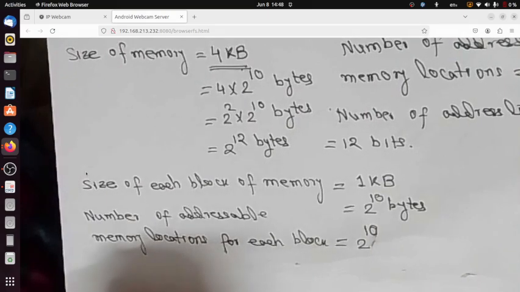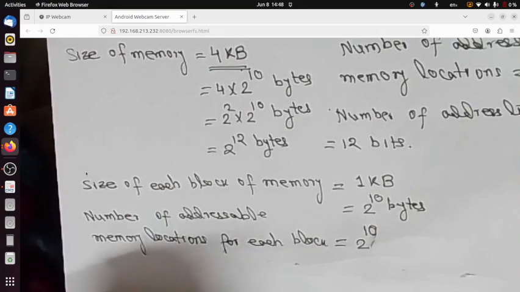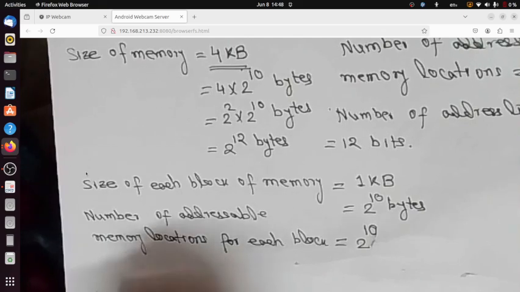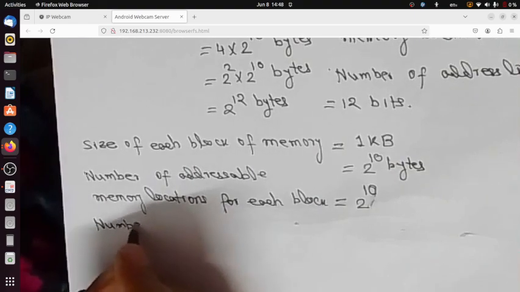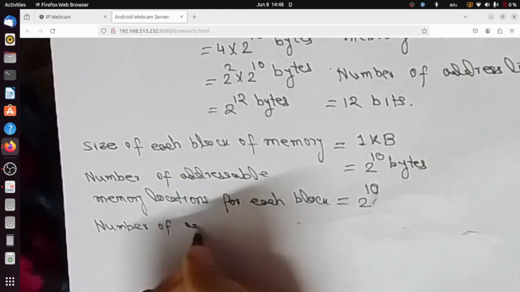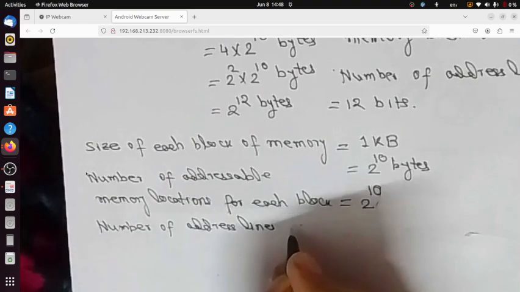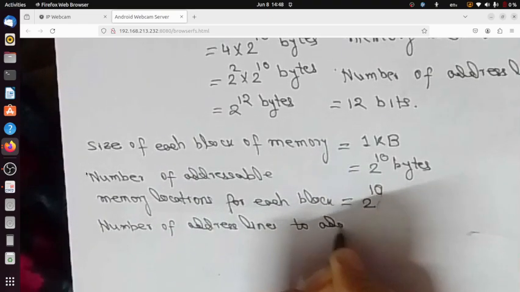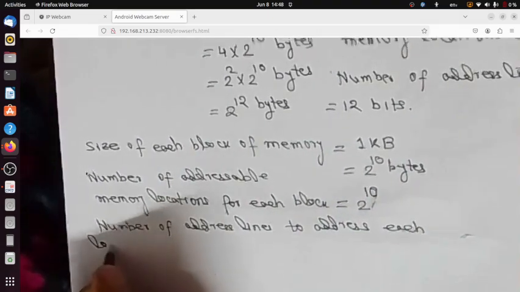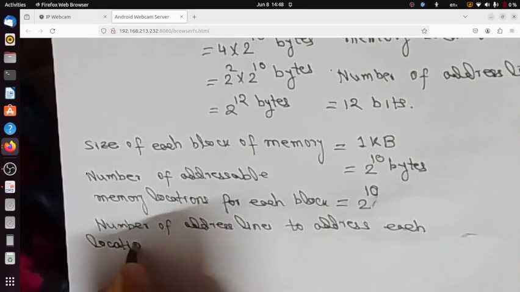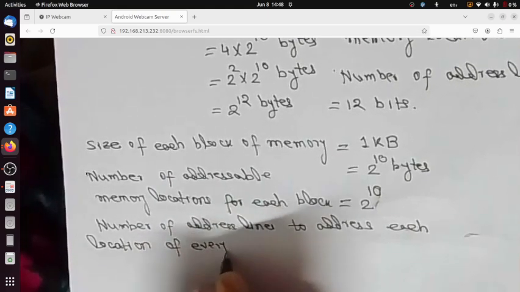So how many address lines will be required to address each location of every block of memory?